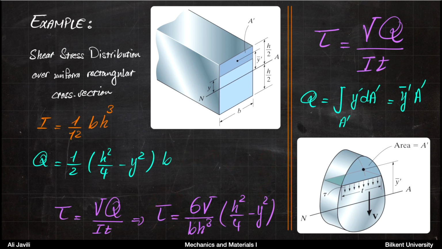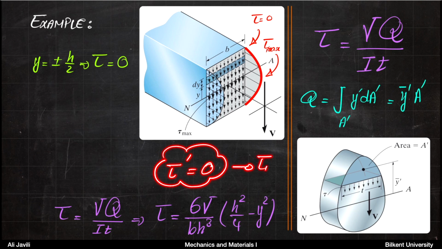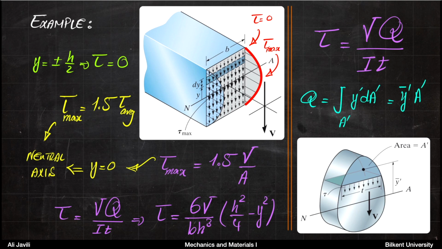So that tells you on top and the bottom of the cross section, the shear stress is 0. Also, if you set the derivative of this to 0 to find where it is maximum, you can see that it would be maximum at y equals 0, which is indeed the neutral axis itself.